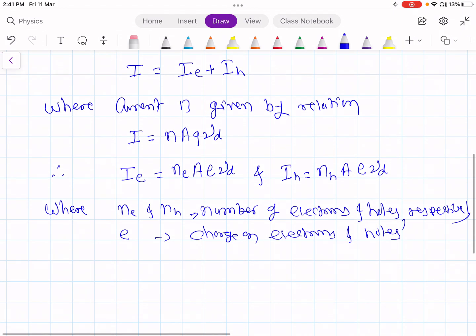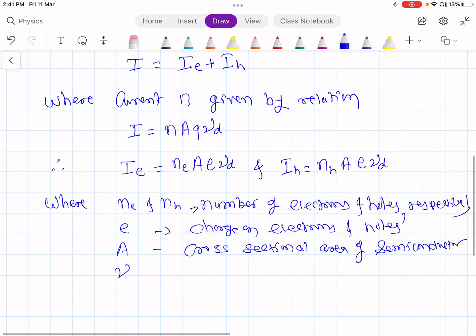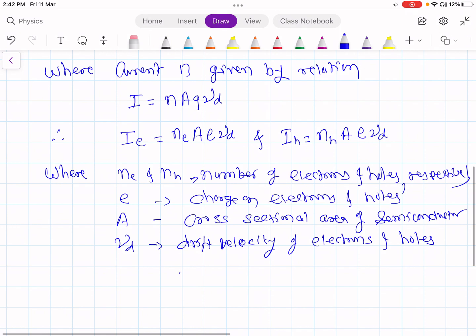The charge for both is the same. A is the cross-sectional area of the semiconductor. Vd is the drift velocity of electrons and holes in a particular direction.